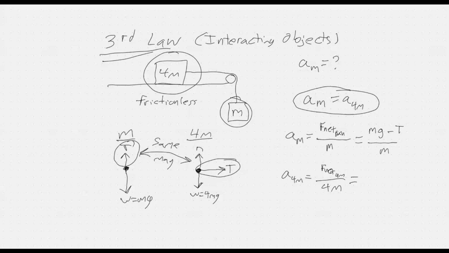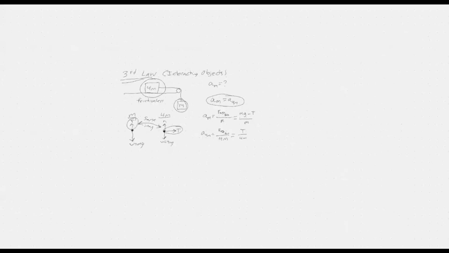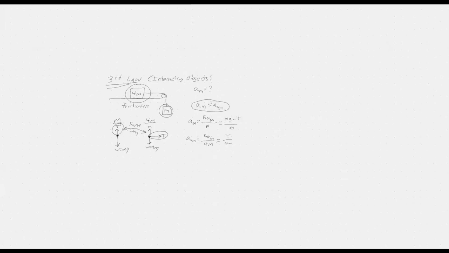So that's just going to be equal to T over 4m. Right? So now I have two different equations, but I know that the T and the a are the same in both. So I can change both of these to just be equal to a, that is the same for both boxes.